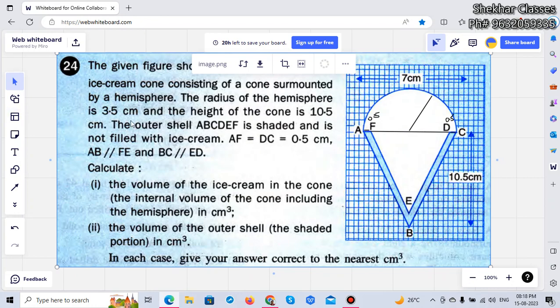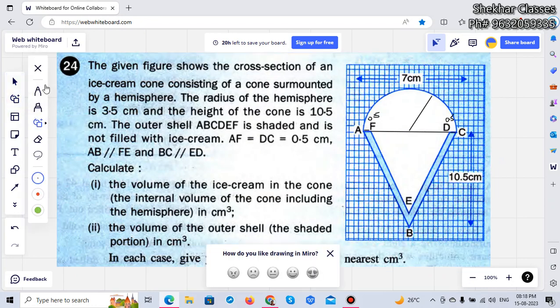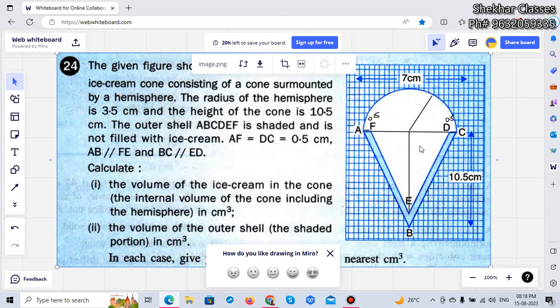The height has to be from here to this point. So that height has to be found out also. Then only we can find out the volume.